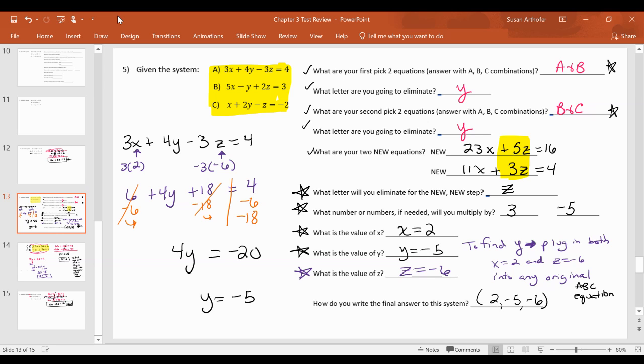Or Miss Artofer, can you do number 5 and help me? I chose to eliminate Z first, and I just wanted to check it. So just send me an email if you want me to do that. Like I said, there's more than 3 different ways to do the problem, actually. It depends on the combinations of ABC you pick. But if you need that help, go ahead and email me, and I'll be happy to get back to you.